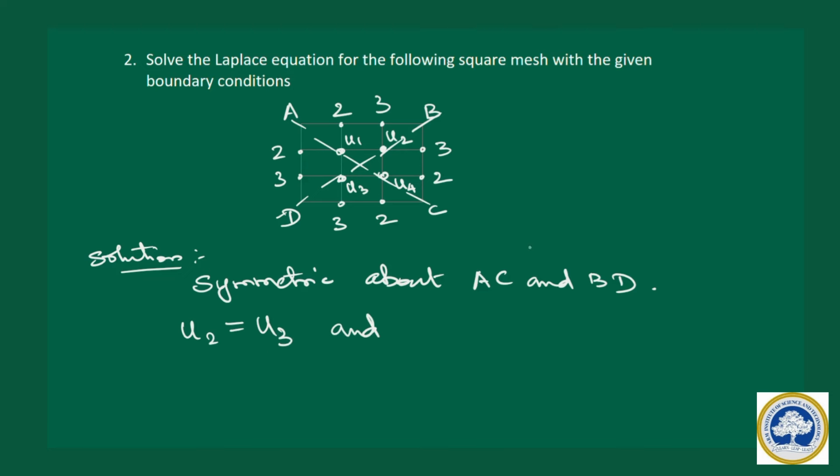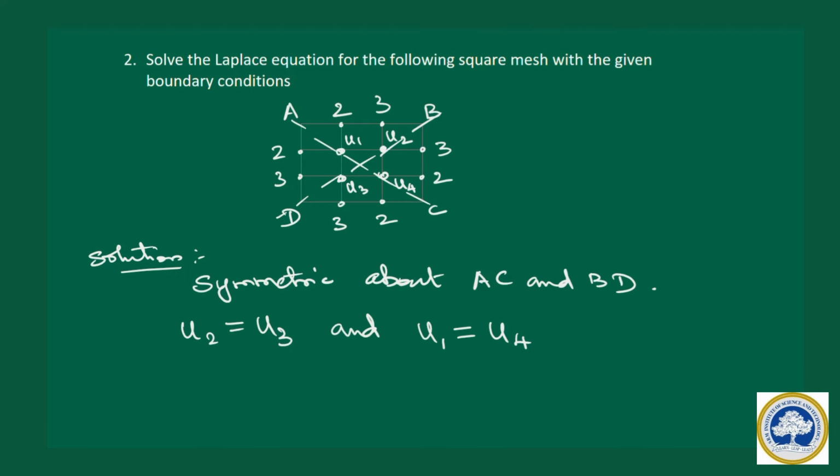And about the diagonal BD, U1 and U4 coincide, so U1 is equal to U4. So using the symmetric property, we conclude that U2 is equal to U3 and U1 is equal to U4.